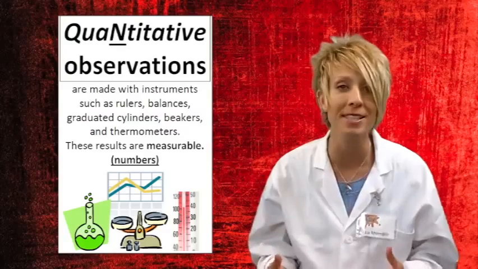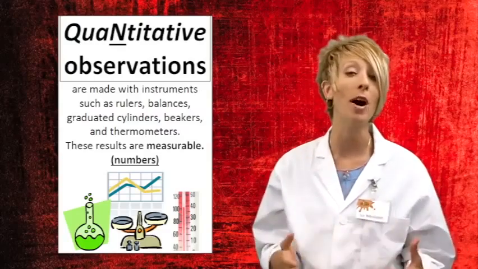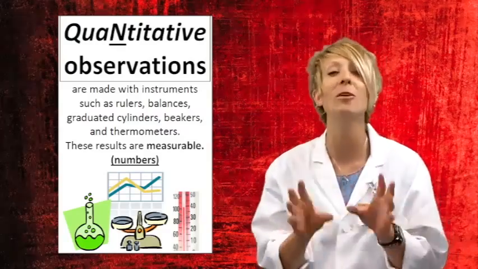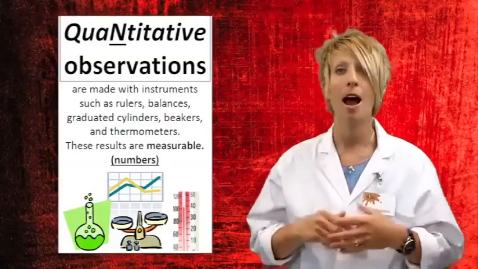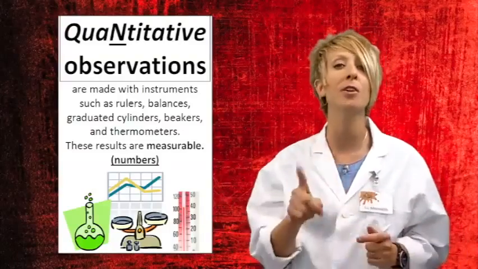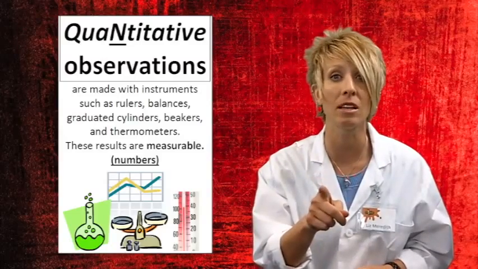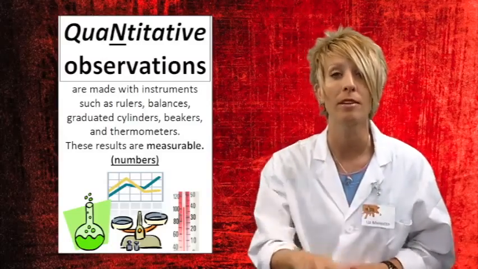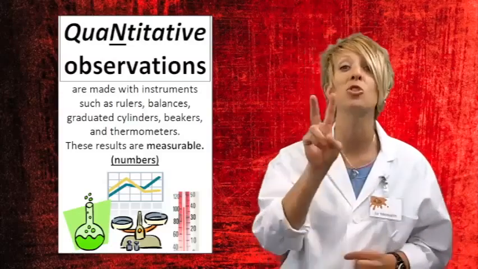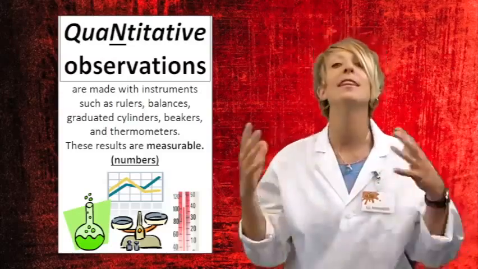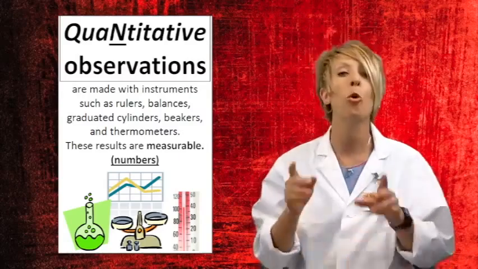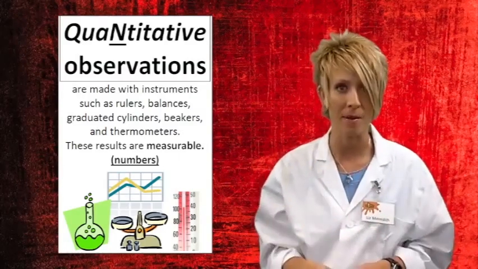So a quantitative data or quantitative measurement tells me a number. Miss Meredith is 5'9". Miss Meredith weighs, we'll scratch that one. Miss Meredith has 2 eyes. These are all examples of quantitative data.